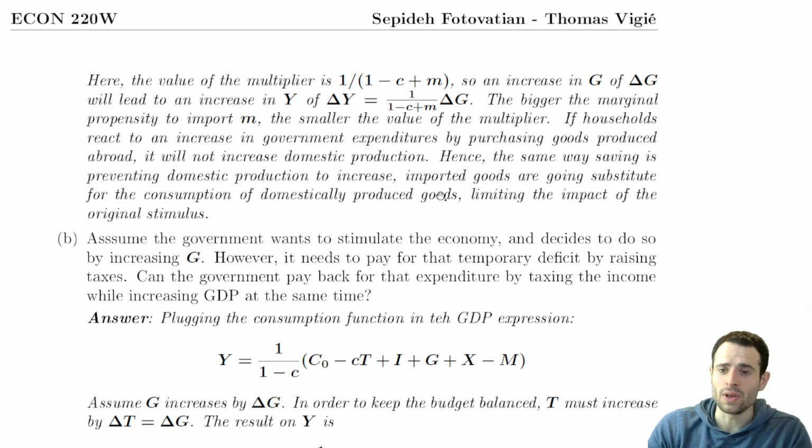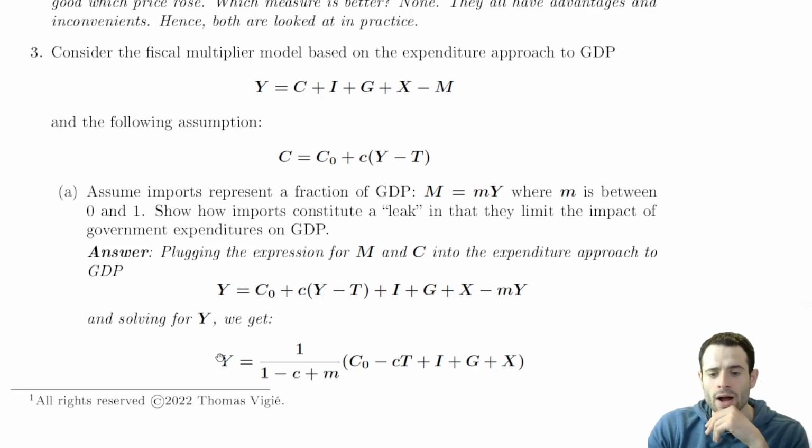The value of the multiplier now is 1 over (1 minus c plus m). This m has been added to the initial value of the multiplier. Imagine that the government decides to increase G, government expenditure. Then, according to this equation, Y will increase by this amount times the change in government expenditure.